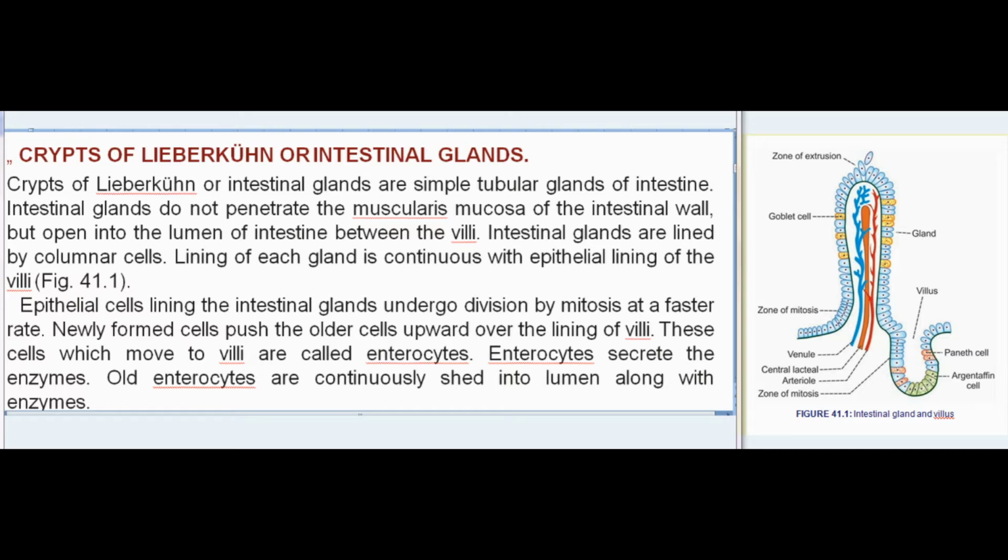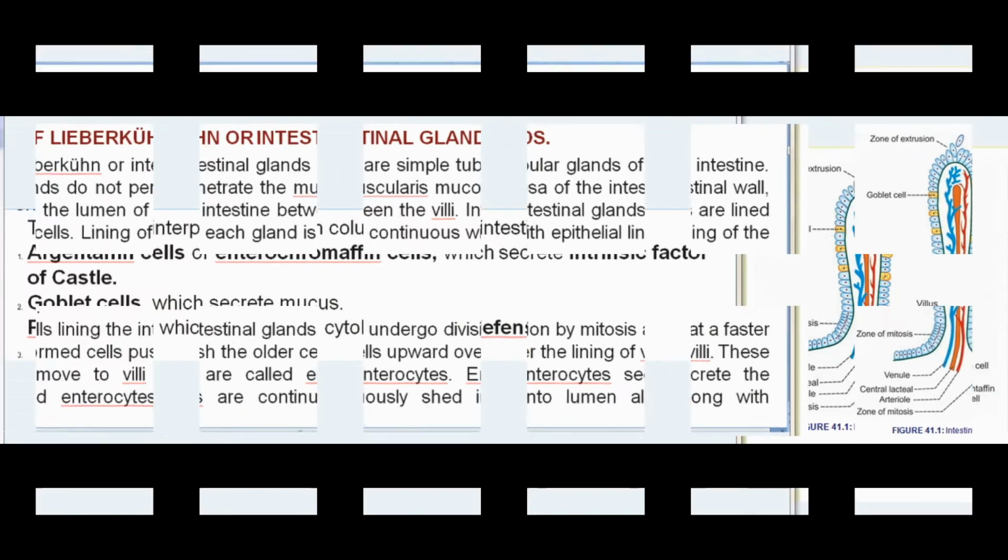Epithelial cells lining the intestinal glands undergo division by mitosis at a faster rate. Newly formed cells push the older cells upward over the lining of villi. These cells which move to villi are called enterocytes. Enterocytes secrete the enzymes. Old enterocytes are continuously shed into lumen along with enzymes.